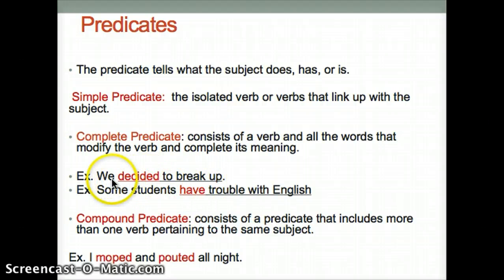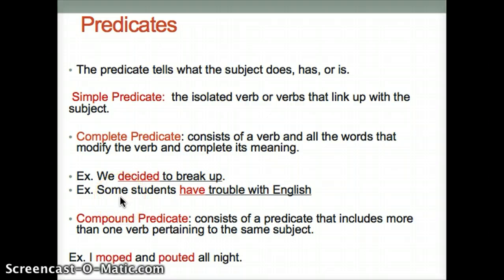So in this case, the simple predicate is in red, and then the complete predicate is underlined. So the subject of the sentence, we decided to break up, we is the subject, and then your simple predicate is decided, and then the complete predicate is decided to break up.